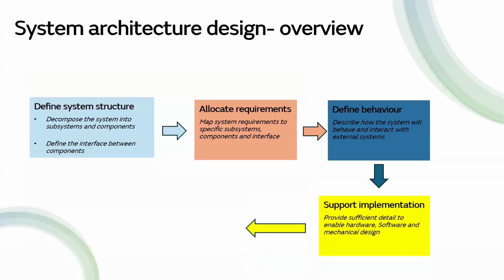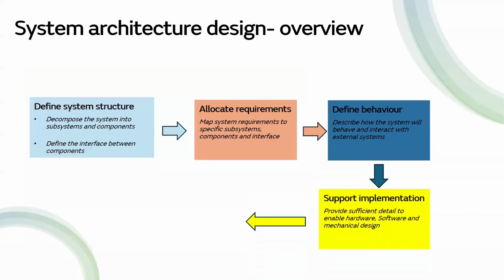And then after that, you define what we call supporting implementation. So basically, during your system architecture design, that's the time where you need to provide sufficient details to enable the hardware, software, and mechanical design. Because at this level, you say, how do I want to architect my system?